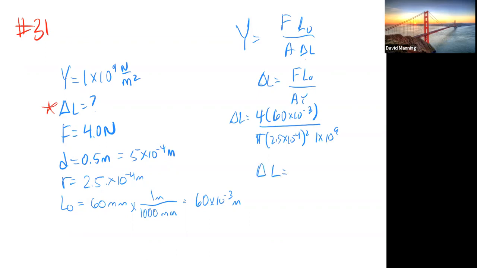Delta L equals... I got 1.2 times 10 to the minus 3rd meters, which is 1.2 millimeters.